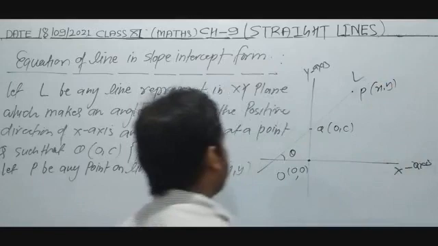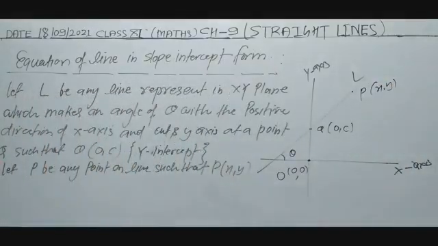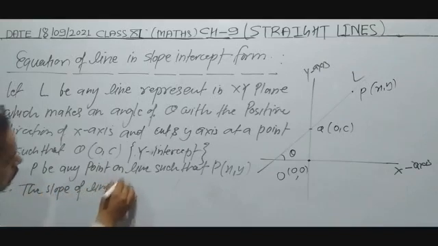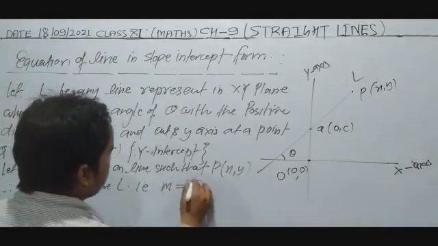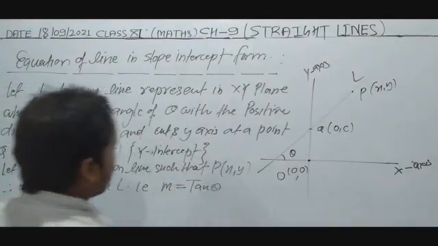Now we can write the slope of line L, that is m is equal to tan theta. Consider equation 1.